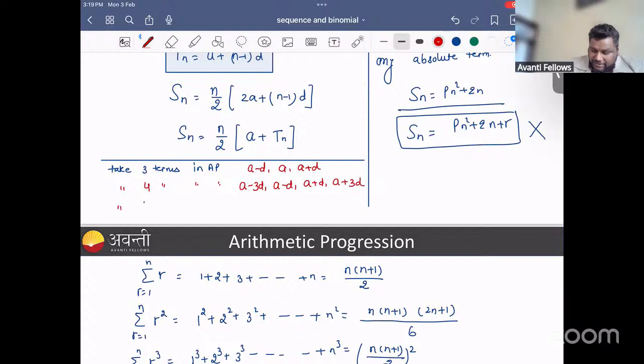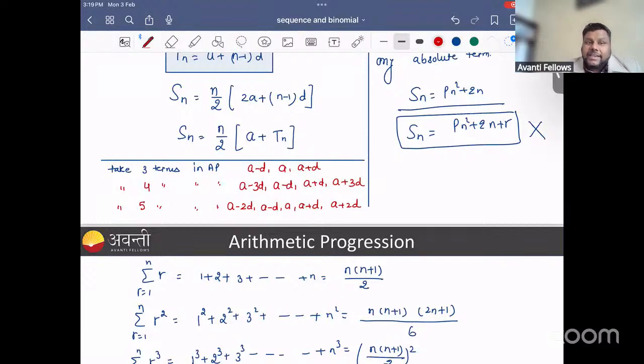If you have to take five terms in AP, that should be A minus 2D, A minus D, A, A plus D, and A plus 2D. Got it? So this is how we take terms.